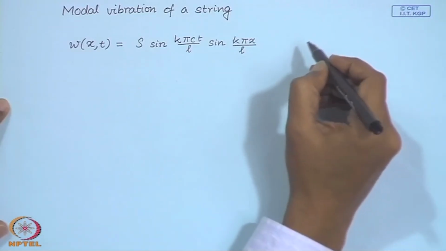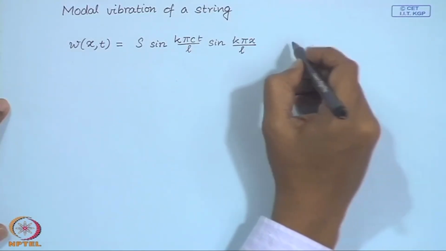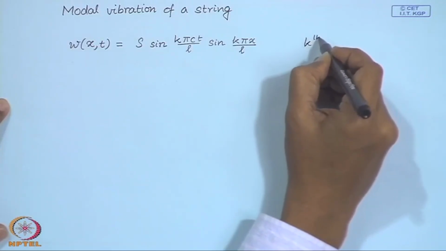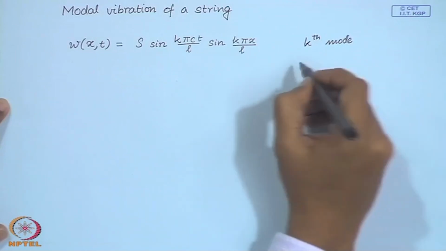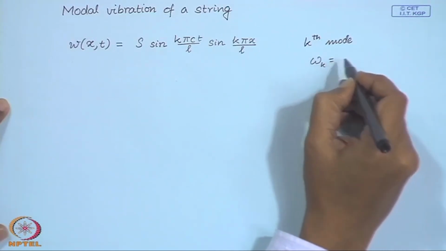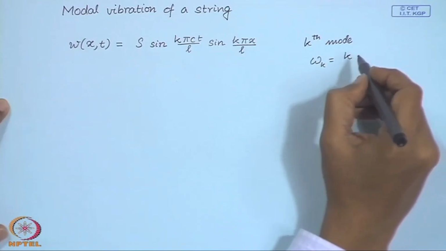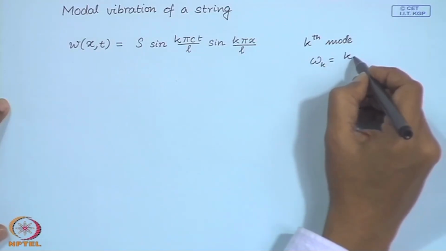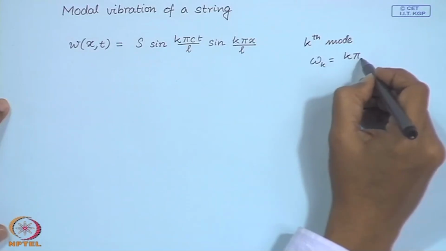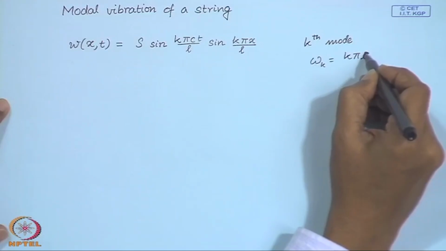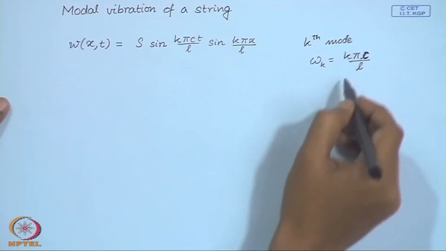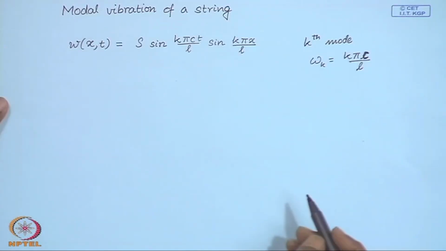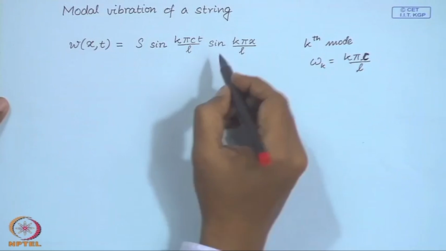So, here this is what is known as the kth mode, and we recall that the circular natural frequency of the kth mode is given by k pi c over L, and this is the corresponding eigen function.